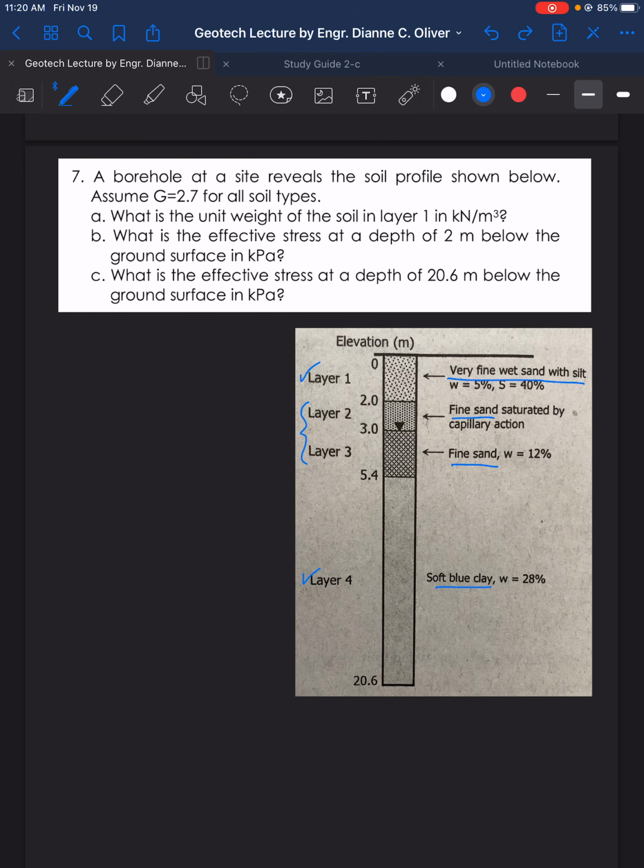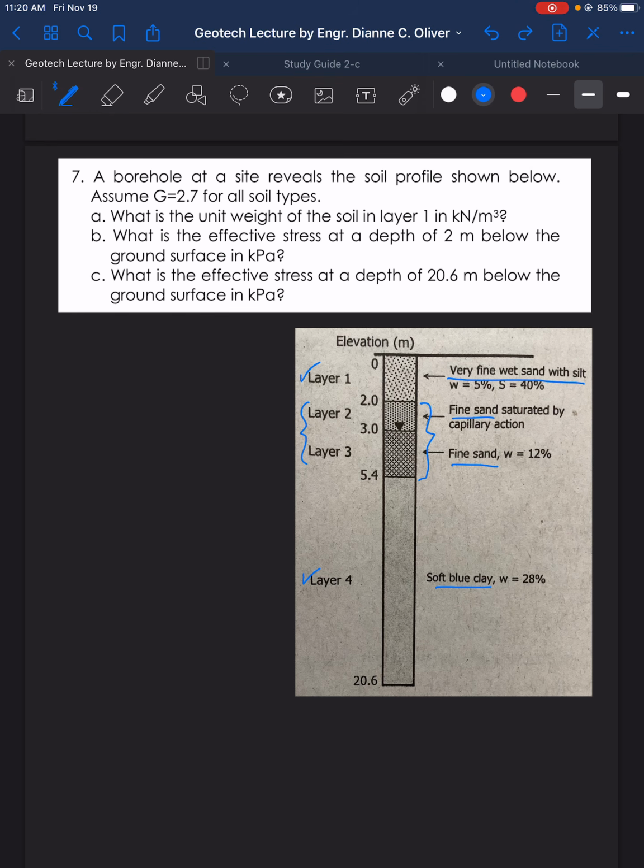So the symbol here signifies that water table is located 3 meters depth from the ground surface. Okay, so this is the same soil type. The difference is layer 2 is a capillary zone. Then given G, or specific gravity, 2.7 for all soil types.